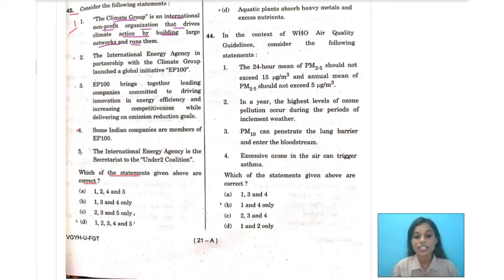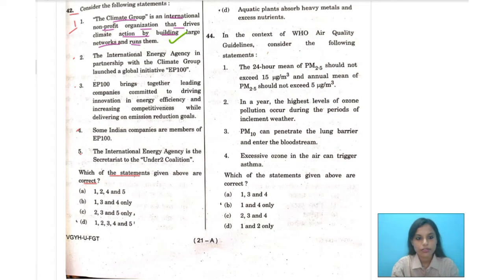Climate Group is an international non-profit organization which was founded in 2003 with offices in London, New York, New Delhi, Amsterdam, and Beijing. Their mission is to drive climate action fast. This group builds and runs networks. So therefore we can consider statement number 1 to be the correct one.